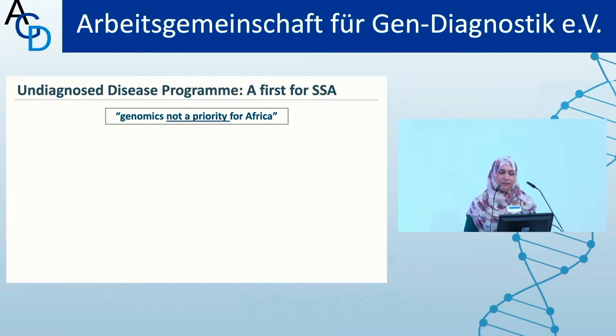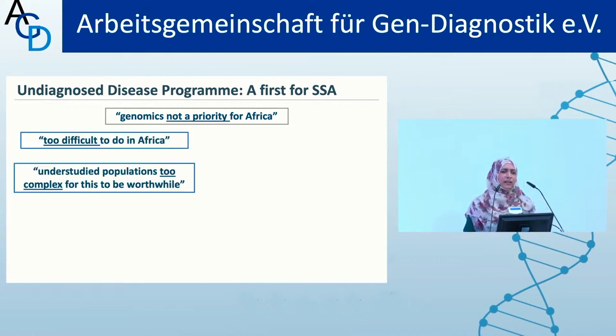I was told by many funders and many well-wishing people that maybe genomics is not a priority for Africa. They didn't qualify that very well to say maybe rare disease genomics is not a priority for Africa, because as we've learned, pathogen genomics has taken off across the continent really nicely, and we're going to be dovetailing on that, which I'll tell you about a little later.